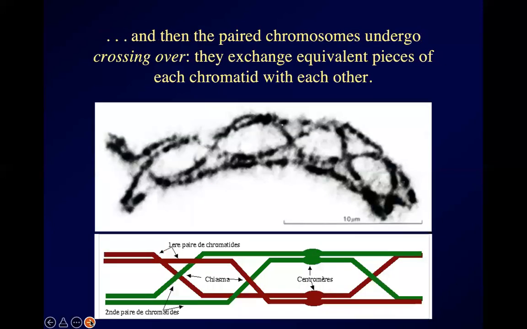Okay. When they've paired up, the paired chromosomes undergo something called crossing over. And that means that they break and swap equivalent pieces of each chromatid. So this right here is one chromosome.